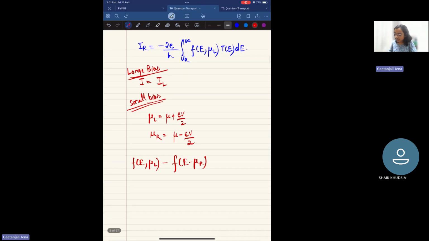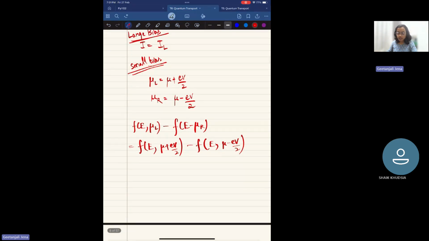Now we can expand this. So mu_L is mu plus EV by 2 and mu_R is mu minus EV by 2.